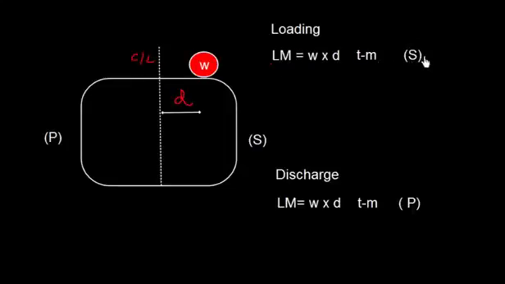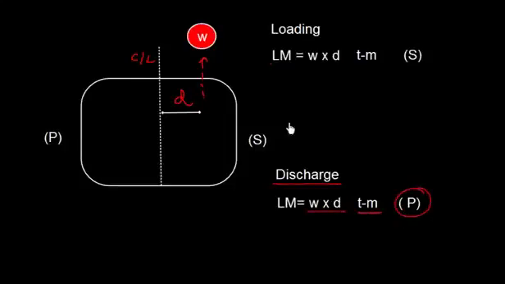So W into D, 10 meters on starboard. Similarly, if I discharge something from starboard like this, if I discharge this weight, so what happens? My list moment will be W into D, 10 meters on the port side, because that will create the port list if I discharge from starboard.